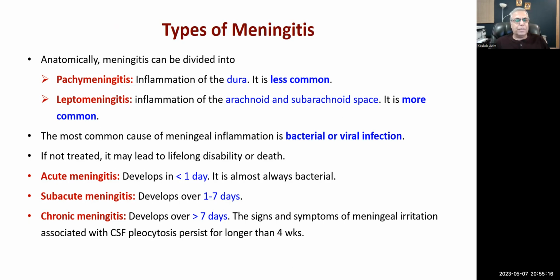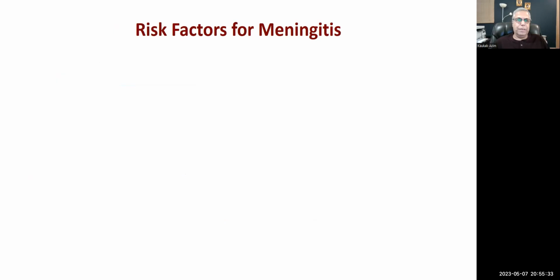So chronic meningitis, more than 4 weeks. Acute meningitis, less than 1 day. And in between, between 1 and 7 days, you can have subacute meningitis. And once again, pleocytosis means increase in the number of white blood cells in the cerebrospinal fluid.